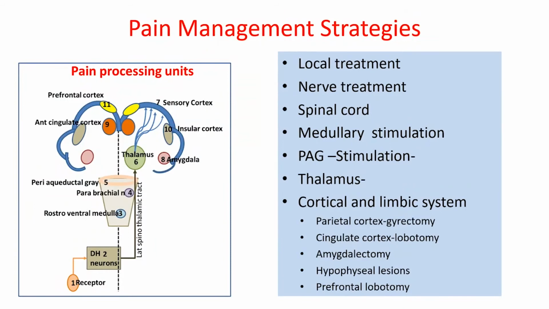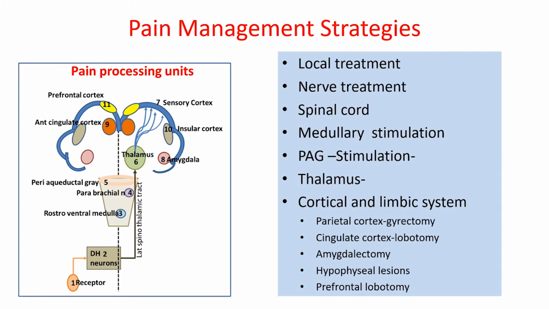Considering the pain pathways, now we consider what are the various strategies for the management of pain. One, this could be managed at a local level, at a nerve level, that is a transmission, in the periphery, and then in the spinal cord, in the medulla, in the midbrain, in the thalamus, and in the cortical and the limbic areas.